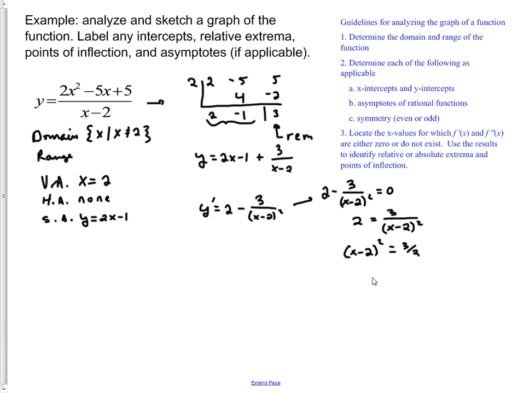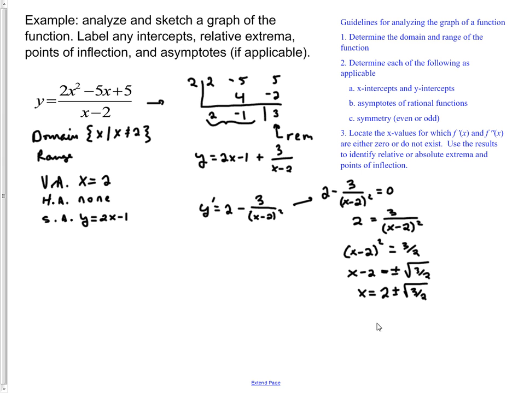That's 1.5. So by the extracting the square root method, x minus 2 is equal to plus or minus the square root of 3 halves. There are two places where we have critical points at least, we don't know maximums or minimums yet, and they will be 2 plus or minus the square root of 3 halves.